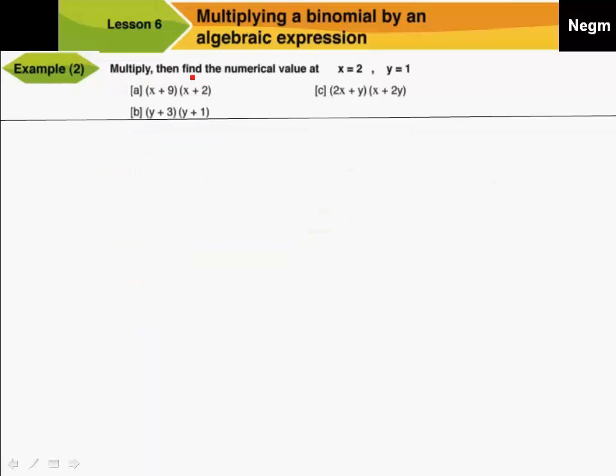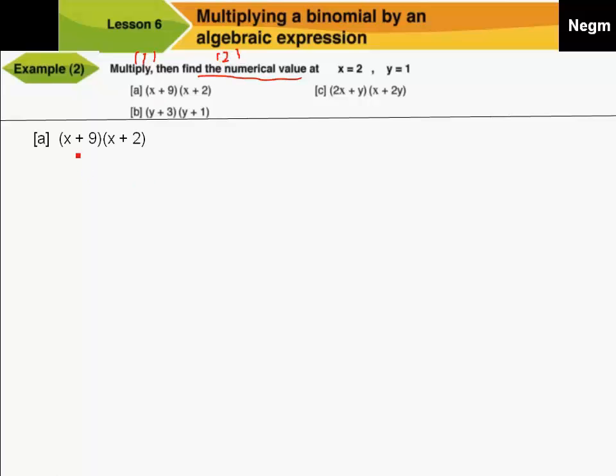Multiply, then find the numerical value at x equal 2 and y equal 1. We have two questions. The first one is multiply. The second one is to find the numerical value of the expression.